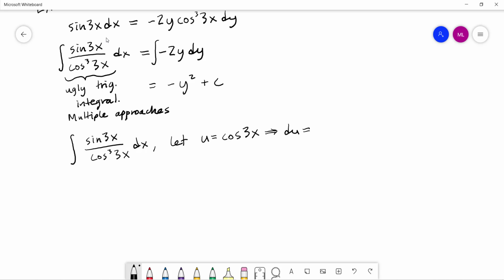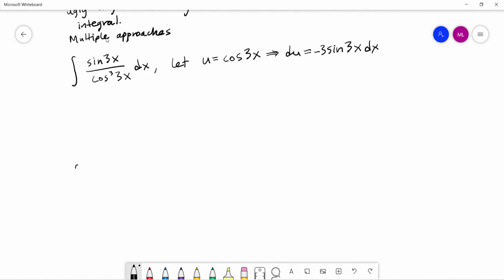It's negative sine, so I'd get sine of 3x, I'd pick up an extra factor of 3, and I'd have a negative symbol there, times my dx. That would be one approach. A second approach, which I'll write down here, is I could write this as sine of 3x over a cosine of 3x times 1 over a cosine squared of 3x dx.